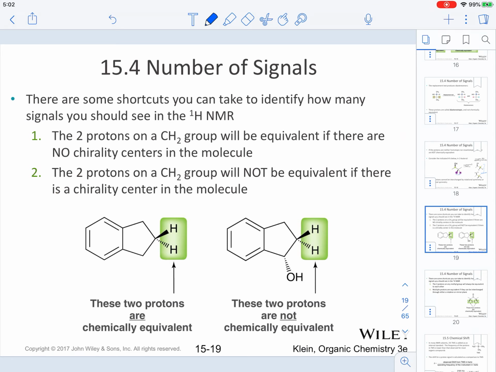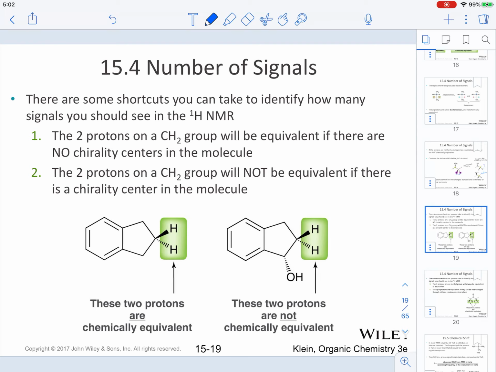So, in summary, when it comes to determining the number of signals, these are the steps that you should follow in order to determine if a particular molecule is going to have chemically equivalent protons or non-chemically equivalent protons. In other words, you're going to be determining if a particular molecule is going to have homotopic, enantiotopic, or diastereotopic protons. So, rule number one, here we have an example of two different molecules.